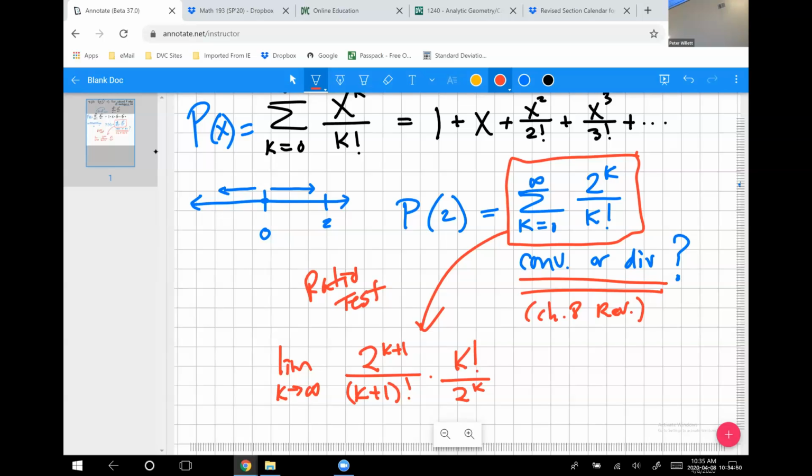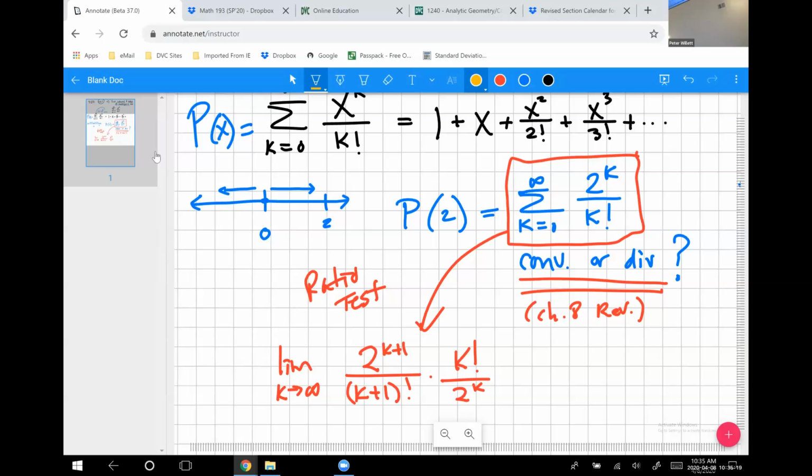The idea with the ratio test was that when you take the limit of the k plus 1 term divided by the kth term, if that limit is a value less than 1, then it converges. If it's bigger than 1, then it diverges. If it's equal to 1, then the test fails to provide any information. Yes, Chapter 8, fresh, fun. Well, in this case, we can do some simplifications.